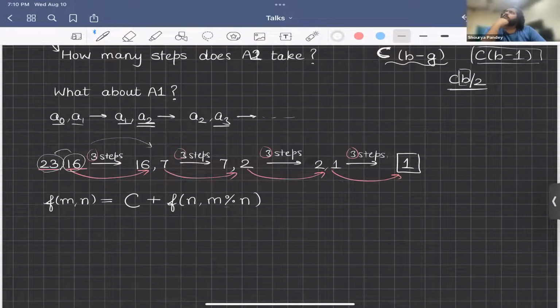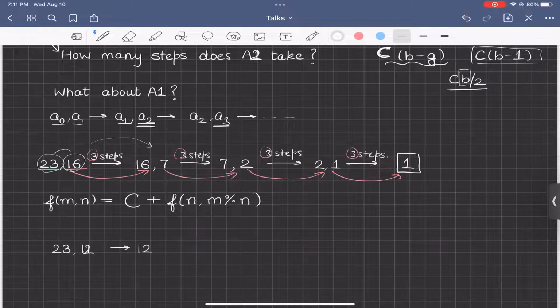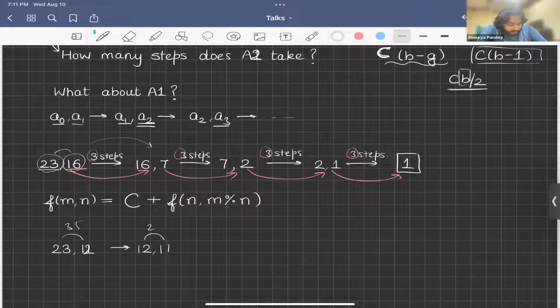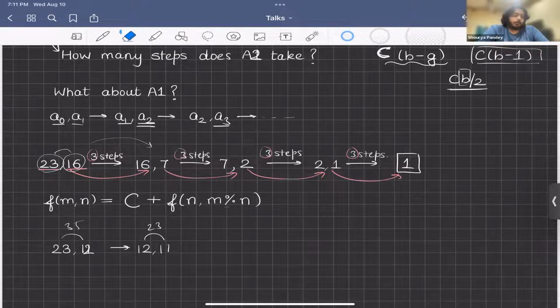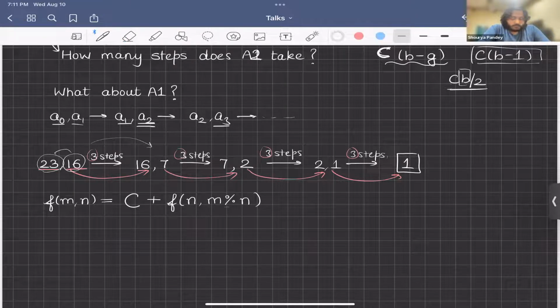In fact, no, that's not necessary, because I could have something like 23 and 12, which becomes 12 and 11. And this sum is 35 while this sum is 23. But maybe what you're saying is true. Maybe not half. Even if it's 3/4, you're done, right? Even 3/4 is enough.